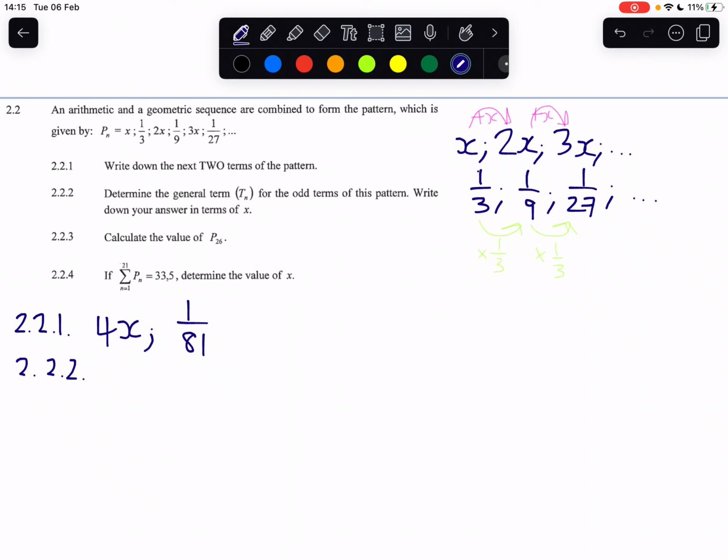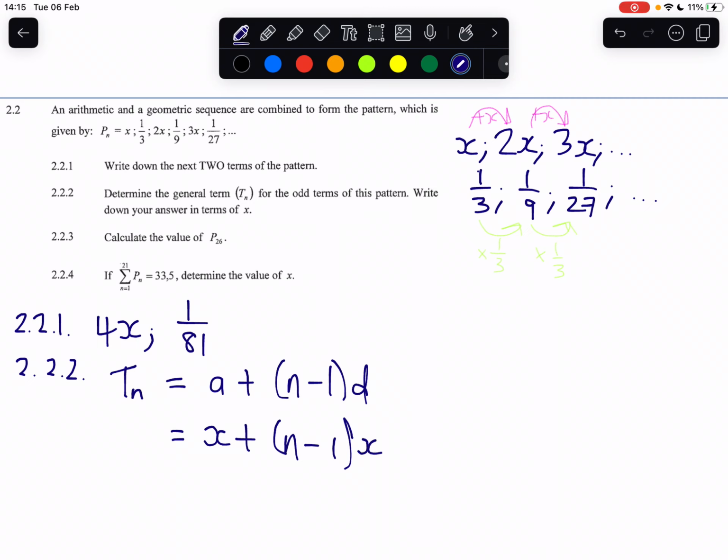Right, question 2.2.2: determine the general term Tn for the odd terms of this pattern. So T1, T3, T5, the arithmetic sequence. We know that for arithmetic sequences, Tn is given by a plus n minus 1 times d. The first term a is x, n is whatever position you're interested in, and d is the difference, which is x as well.